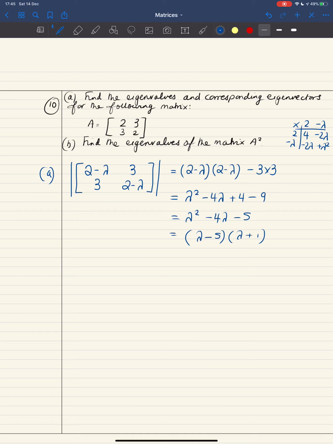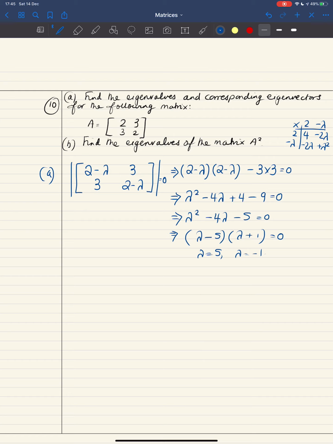So our eigenvalues are where this equals 0. So lambda is plus 5, or lambda is minus 1.